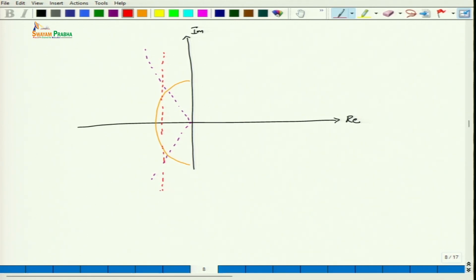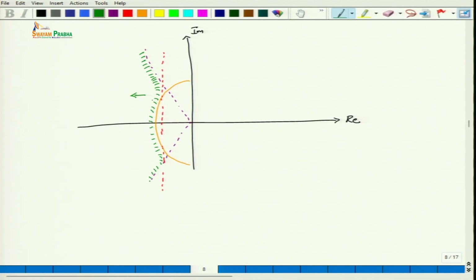So, when we consider the composite diagram for all of these, what you will find is this region on these sides of these lines and the semicircle basically meets our criteria.